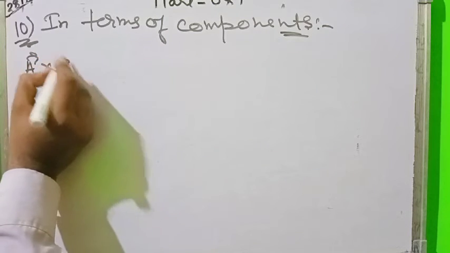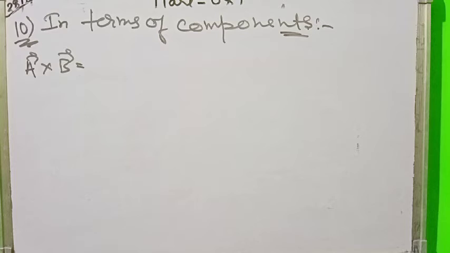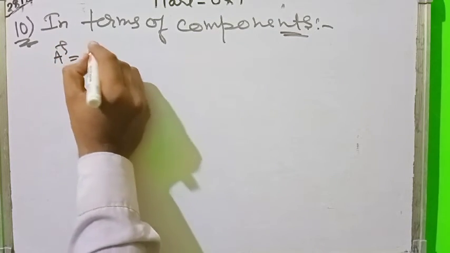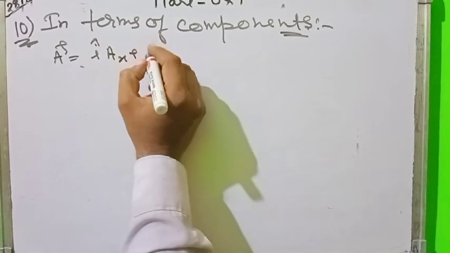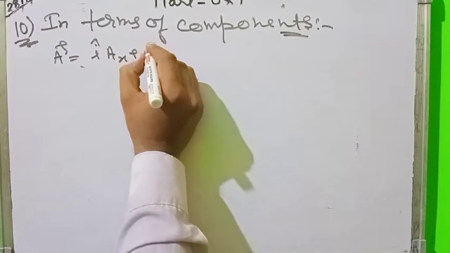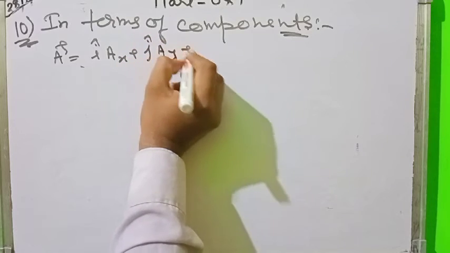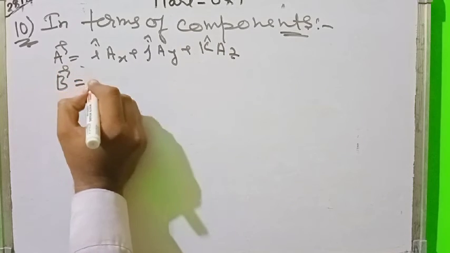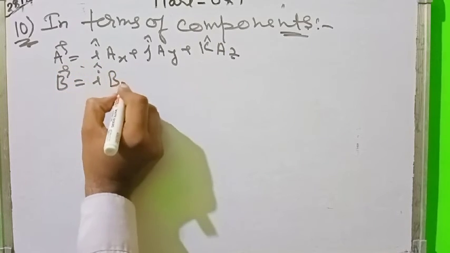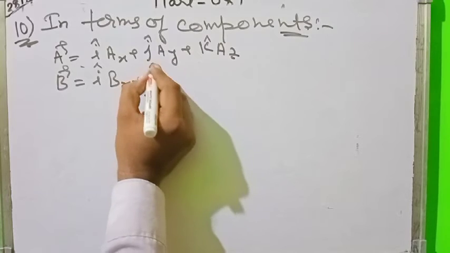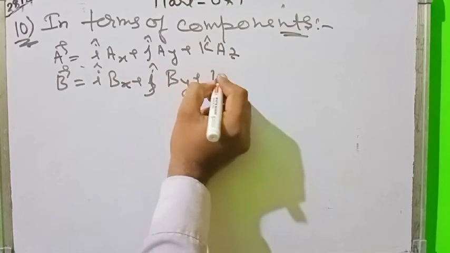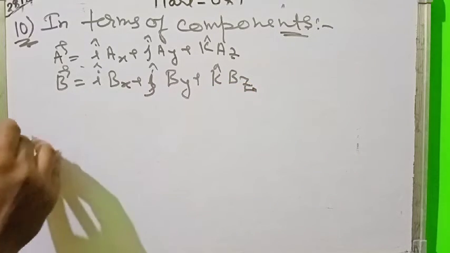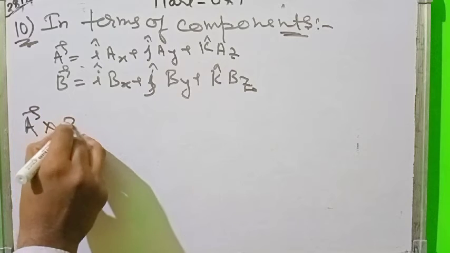We have A cross B. Suppose you are given vector A is equal to i cap Ax plus j cap Ay plus k cap Az, and vector B is equal to i cap Bx plus j cap By plus k cap Bz. Then how can you find vector A cross vector B?